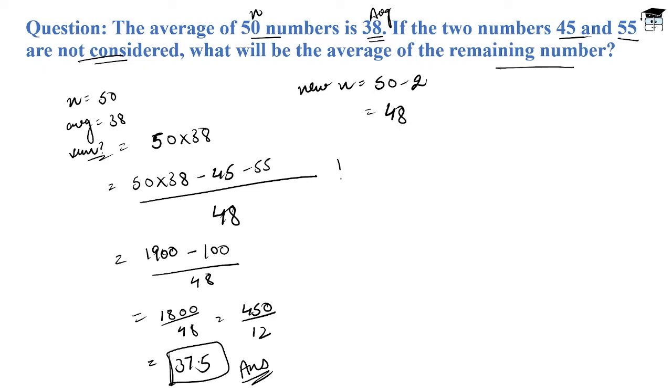So this is the traditional method you use to solve. All right. This is very simple. All you have to do is take out the sum and then delete the numbers.